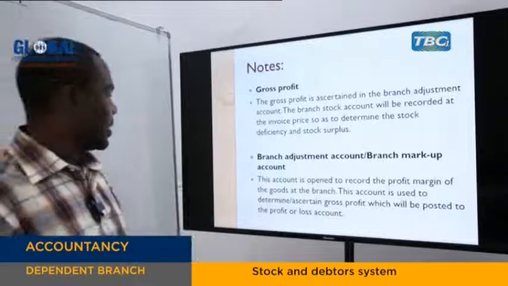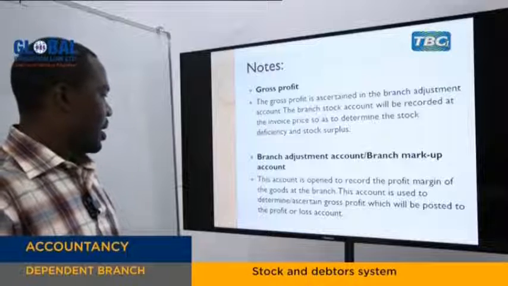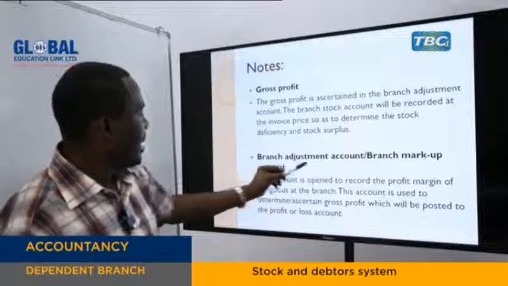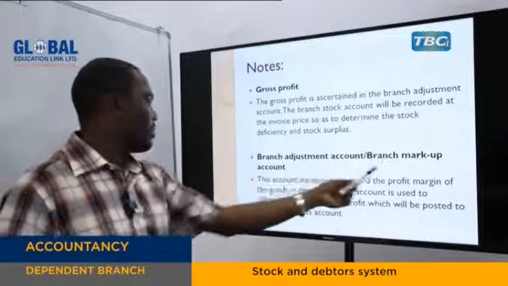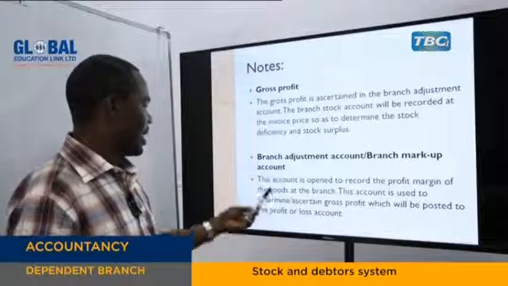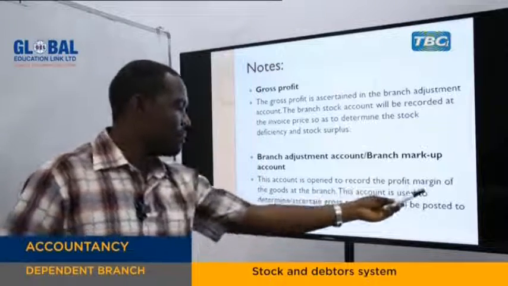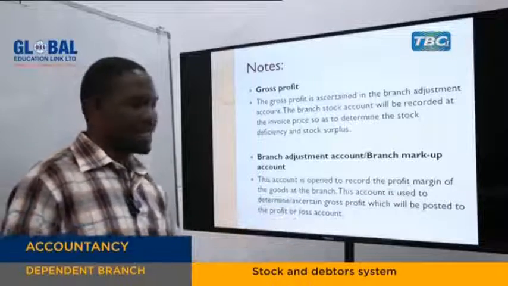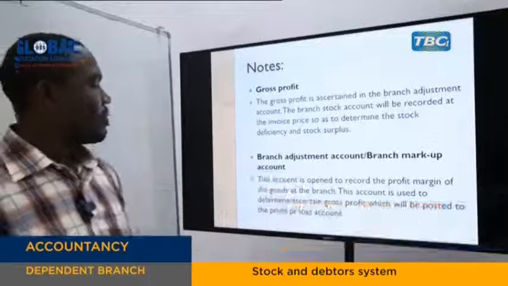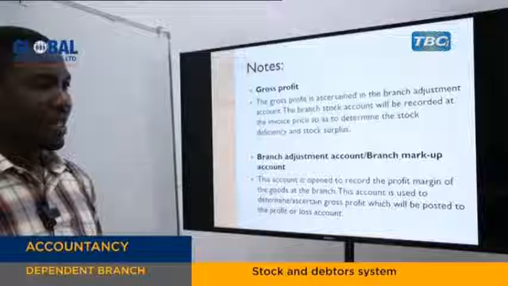How is this ruled? The branch adjustment account, or branch markup account, is opened to record the profit margin of the goods at the branch. So this is basically only for keeping records of the profit margin, that is, the profit loaded by the head office to the branch.